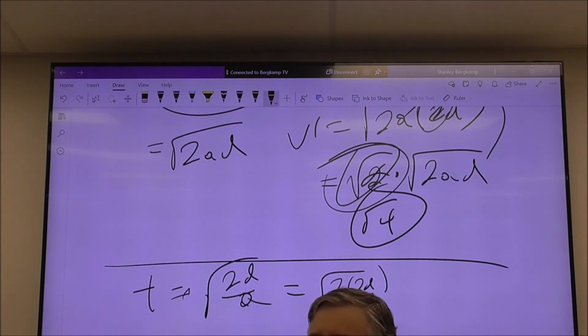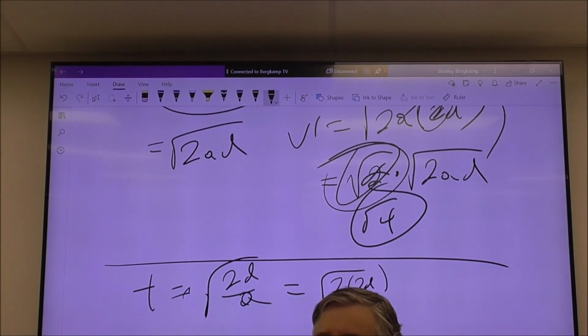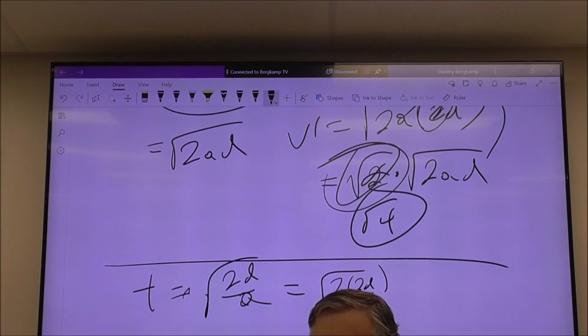It's not going to double. That 2 is underneath the radical. So what's going to happen to my time? It's going to increase by the... let me give you a hint, it rhymes with square root of 2.